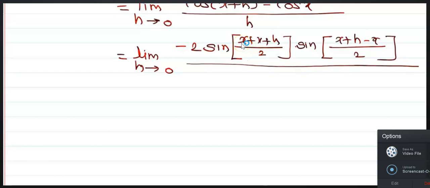Now what will happen in this case? x plus h plus x is 2x plus h upon 2. Then after simplification you will get x plus h upon 2.